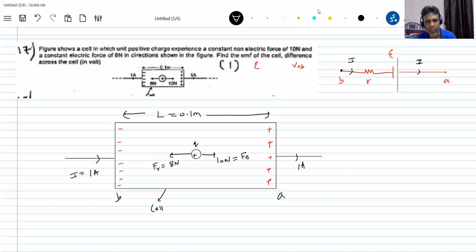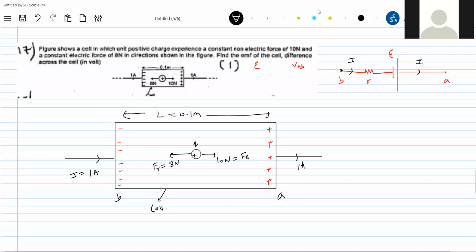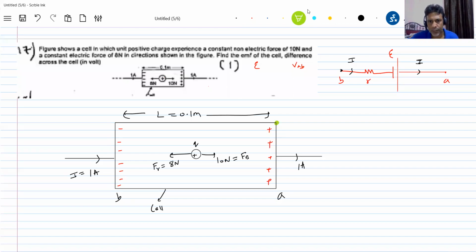Yesterday I gave an assignment that the internal resistance of a cell depends on, look at the options, the material of the cell and the plates. The plates will be thick, so the resistance of the plates also will come into the picture.